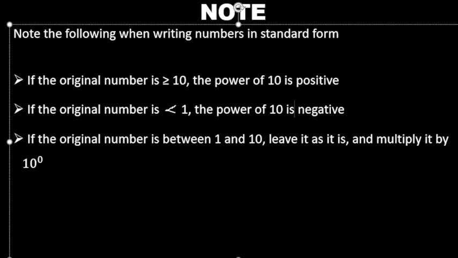If the original number is less than 1, that is when you are expressing numbers less than 1 in standard form, the power of 10 is negative. Then lastly, if the original number is between 1 and 10, that is when the original number takes a value from 1 to 9, then you multiply the original number by 10 raised to the power of 0.